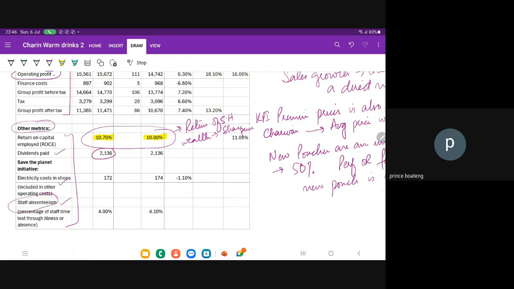They are giving dividend. This can be used as shareholder wealth, that we are giving some profit, if we are returning profits to the customer. But dividend paid is not a full representative of shareholder wealth. For that, share price is extremely important, right?